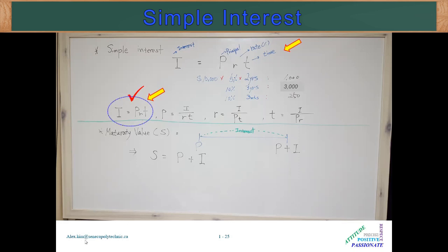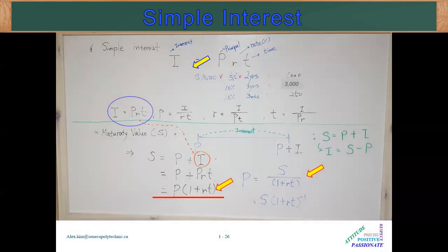Because we are talking about money and time, maturity value. If I put this amount today, now I know this amount of interest. So interest plus principal, the total money we get at the end of the period, we call maturity value. Maturity value includes the principal portion plus the interest portion. Good.